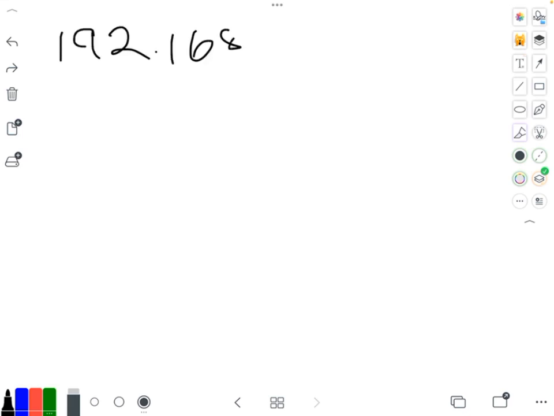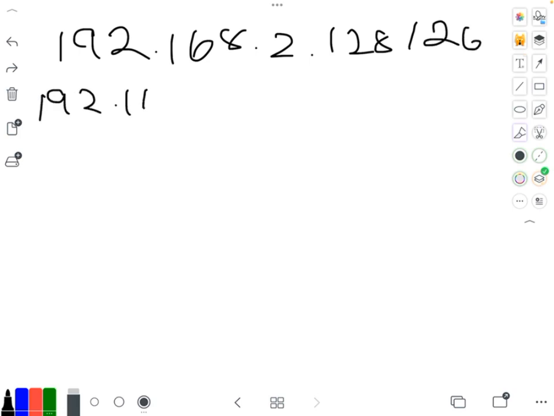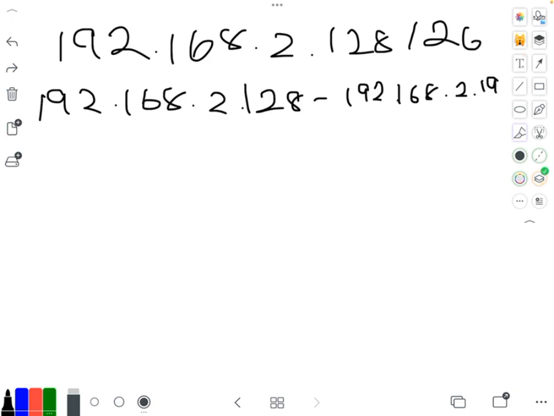Then we have 192.168.2.128/26, and this is going to range from 192.168.2.128 to 192.168.2.191. This is our third one.